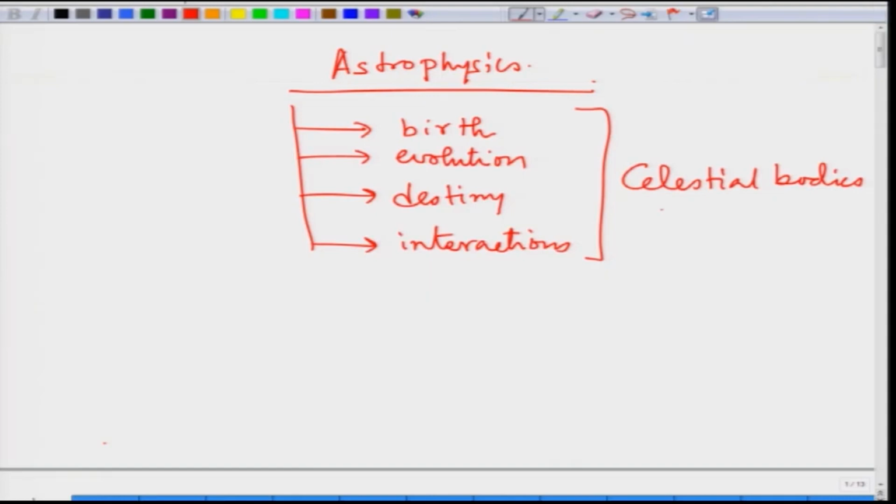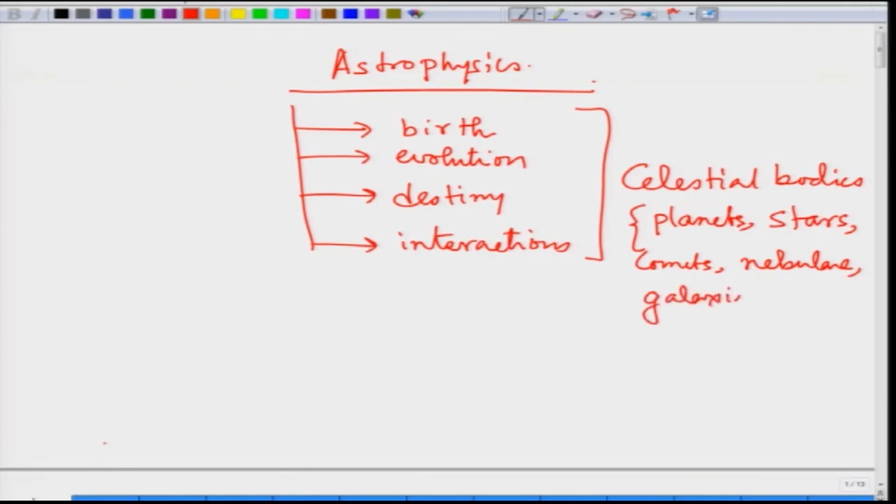What are those celestial bodies? For example, you have planets, you have stars, you have comets, you have nebula, you have galaxies, and many others.